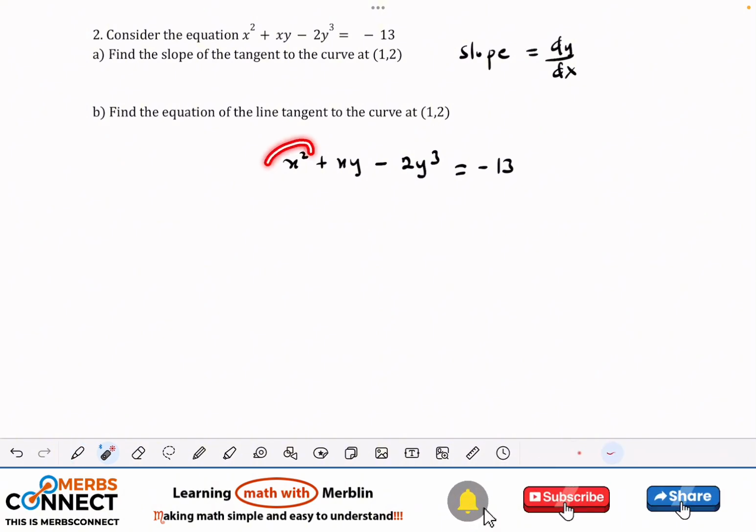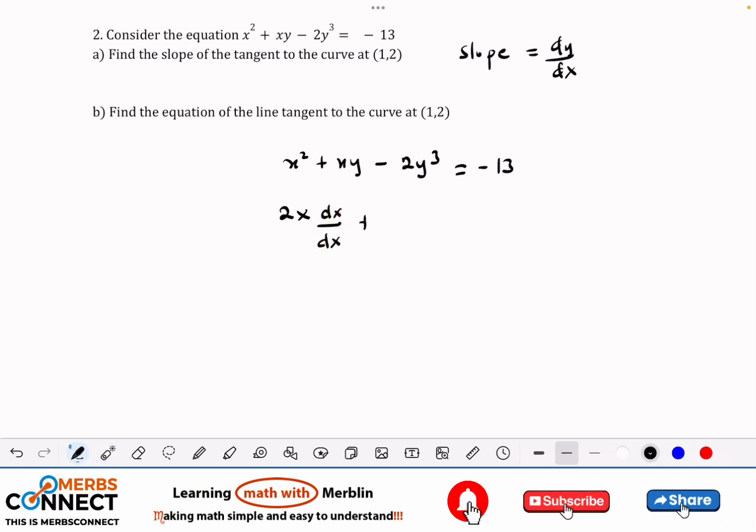When I'm differentiating 2x, I'm going to have 2x, but with the implicit differentiation, when you finish, you need to multiply it by the function that you differentiated here divided by what you are differentiating with respect to. So this one I'm going to multiply by dx because I'm differentiating x, dx divided by what am I differentiating with respect to? Another dx. So you see that this one will cancel this and it will be 1. So you won't see it.